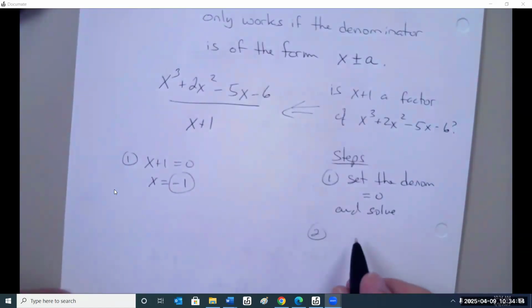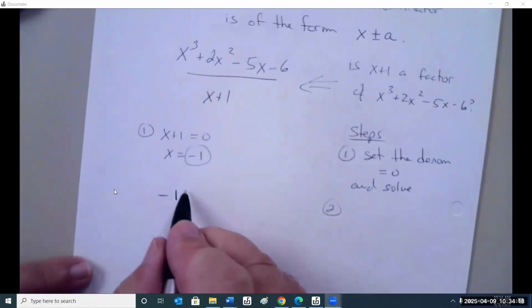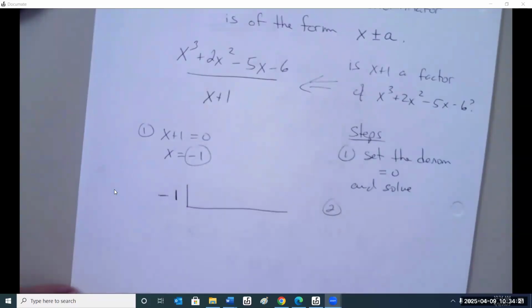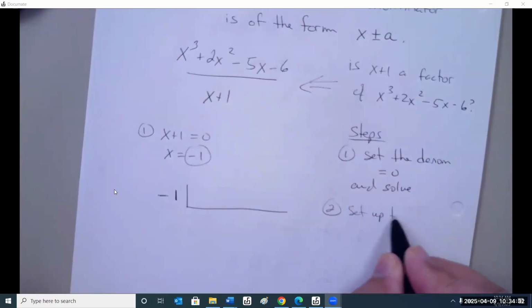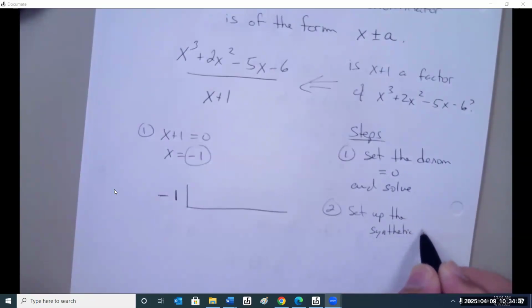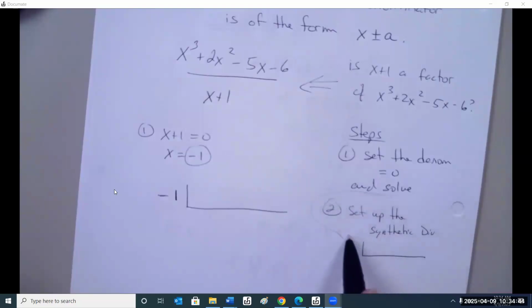Step 2, take that value. This is what indicates it's synthetic division, upside down division. Set up the synthetic division, where this number goes at this place here.